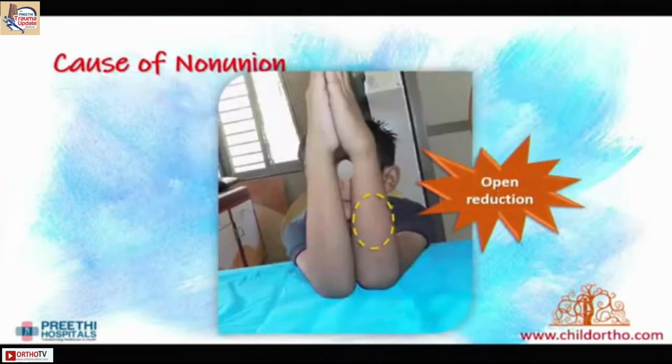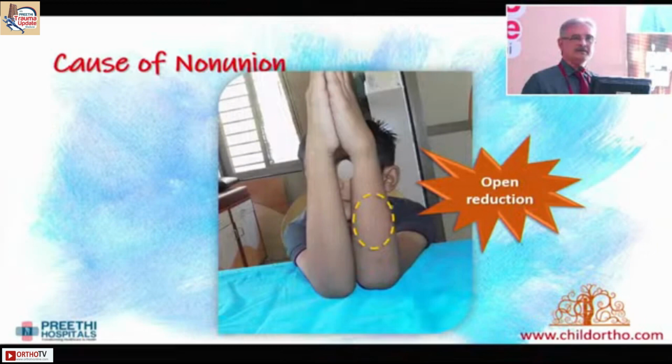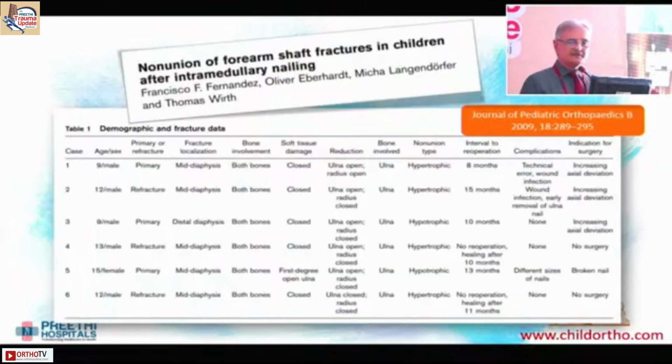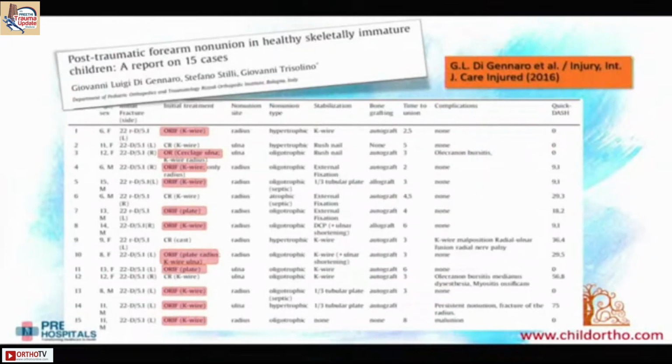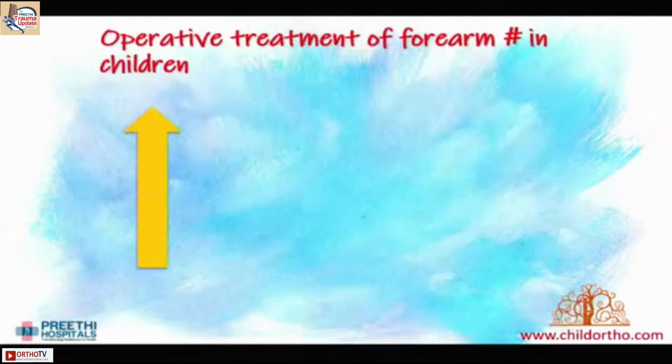Open reduction. As I told in the morning, the majority of non-unions are related to operative intervention in pediatric forearm fractures. So this is a paper which shows ulna non-union, majority were open, and this paper also says the majority cause is open reduction.